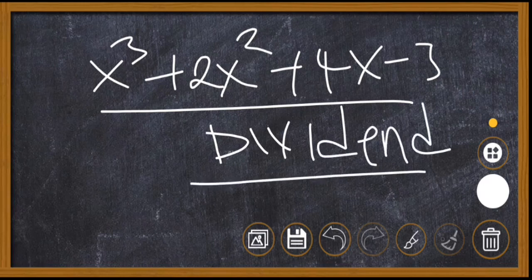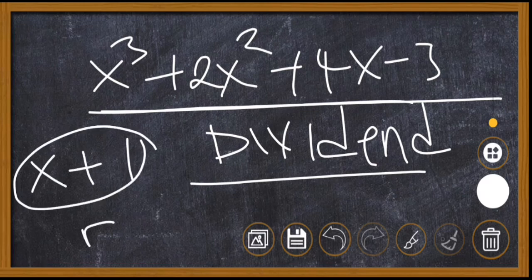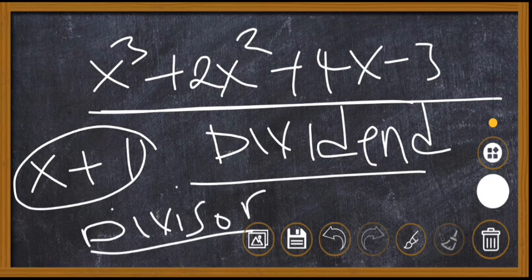Now, when you are dividing this polynomial by x plus 1, this is called a divisor. So make sure that you take note of the differences between the two. In this case you divide this into this. That's how we go about this one.